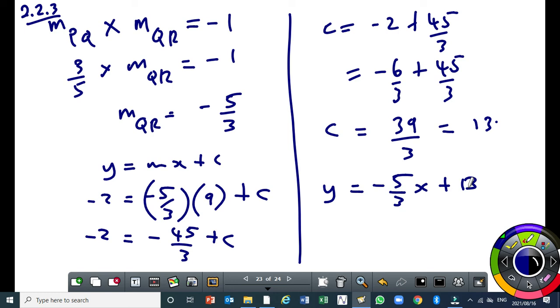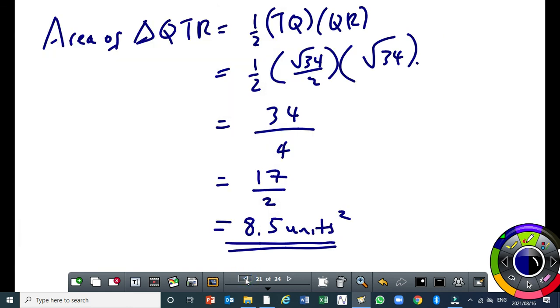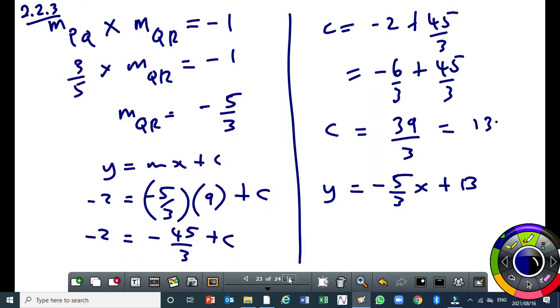Then, to find the coordinate of x here, the value of y there is 0. So I'll substitute y equals 0. And then you get minus 13 equals minus 5 over 3 x. To simplify this, you get x equals 39 over 5.